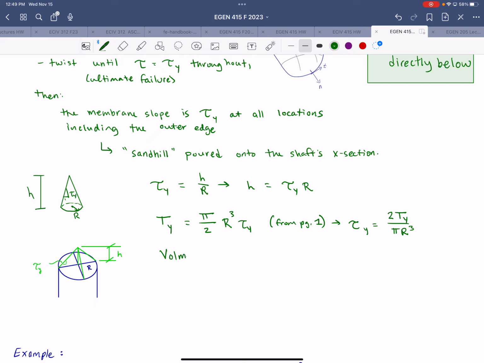So the volume of the cone is 1/3 times pi r squared h. So let's see if that is equal to half of the ultimate torque.